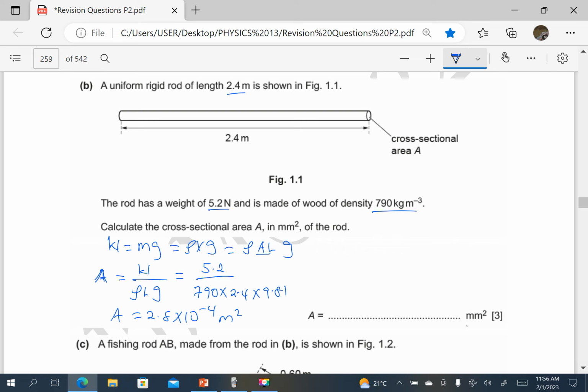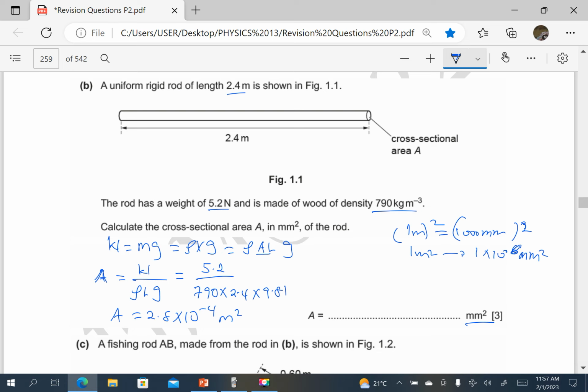But we want the answer in millimeters squared. Remember, 1 meter is 1,000 millimeters. So 1 meter squared, we also square the other side. That is 1 meter squared is the same as 1 times 10 power 6 millimeters squared.